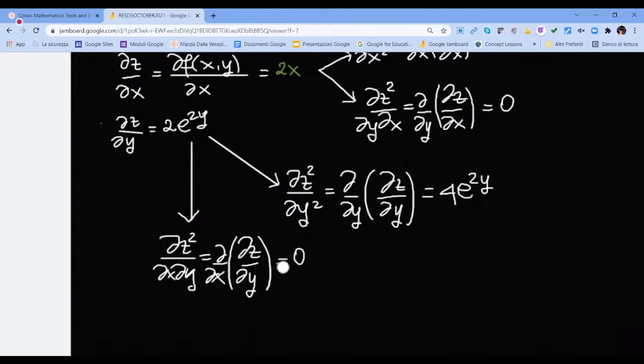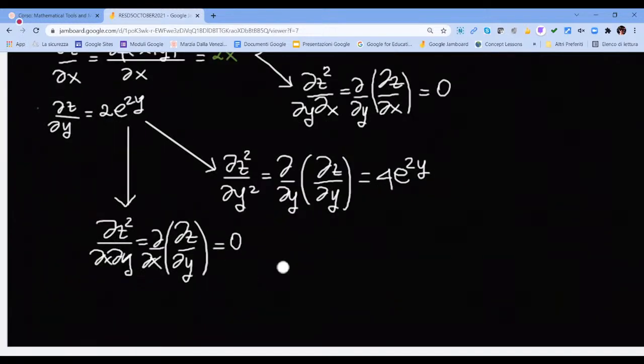Of course, we have to compute the Hessian. I think you already computed the Hessian.